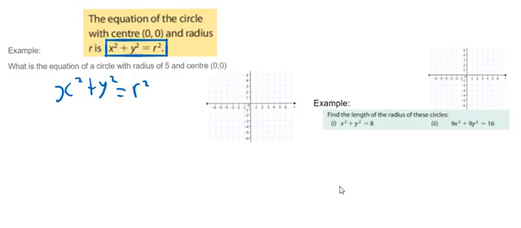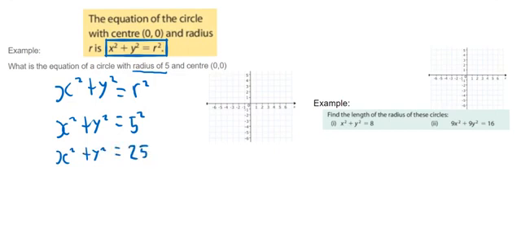Because the radius is 5 in this example, I can put in a 5 for my radius. So x squared plus y squared equals 5 squared. I can simplify by squaring the 5. 5 squared is 5 times 5, so it's 25.